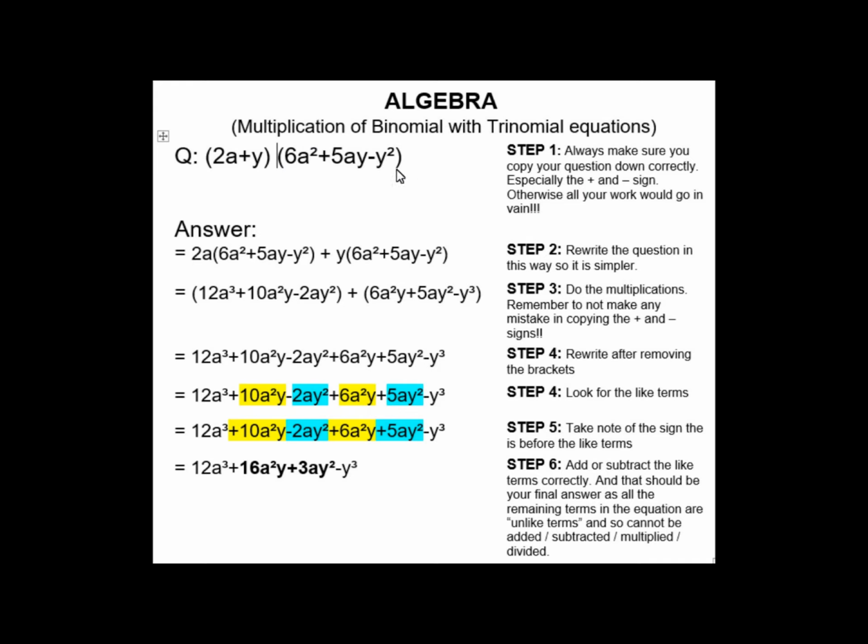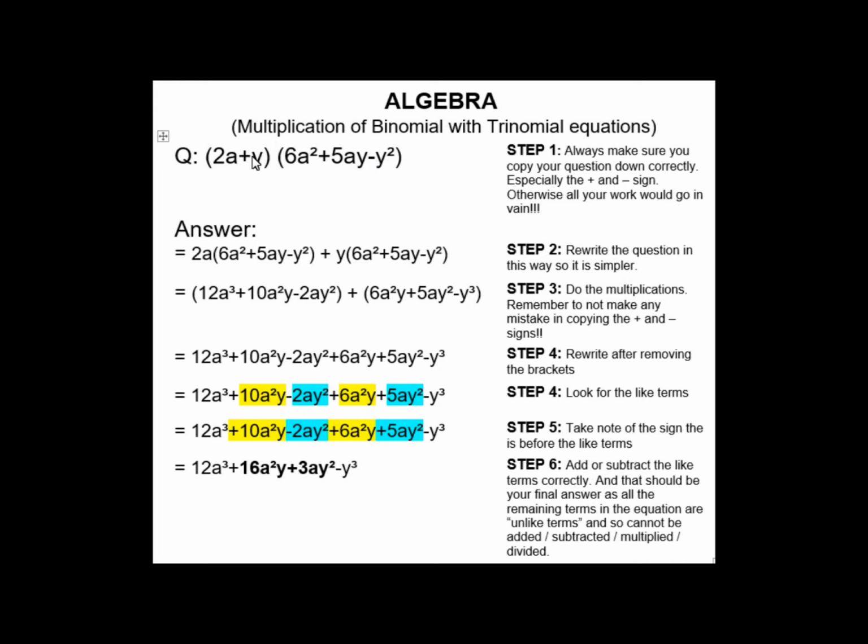Once your question is copied properly, you can go to the second step, in which we are going to rewrite the question to make it simpler. Since this is a multiplication, we have to multiply 2a with 6a square, 2a with 5ay, 2a with y square.